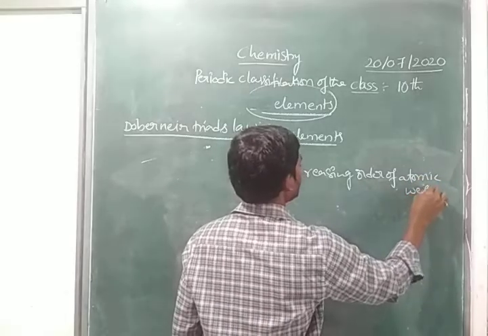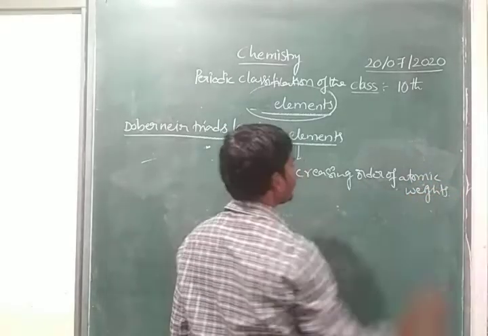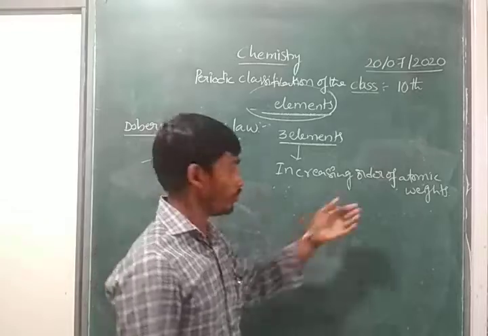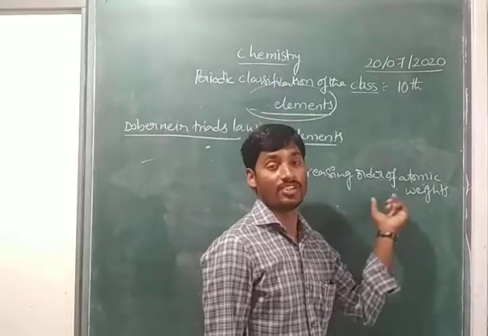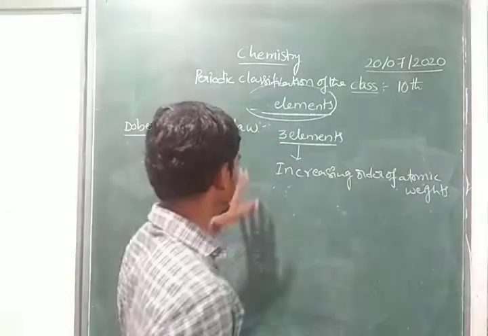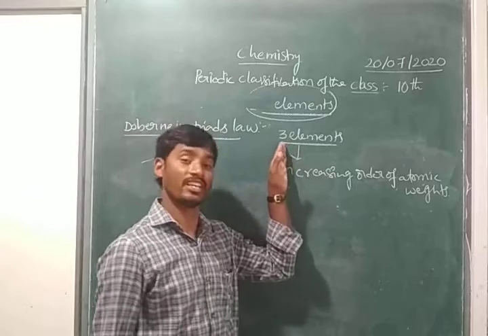Because at that time we knew only atomic weights. Right, children, based on the increasing order of atomic weights, he considered 3 elements as a group.